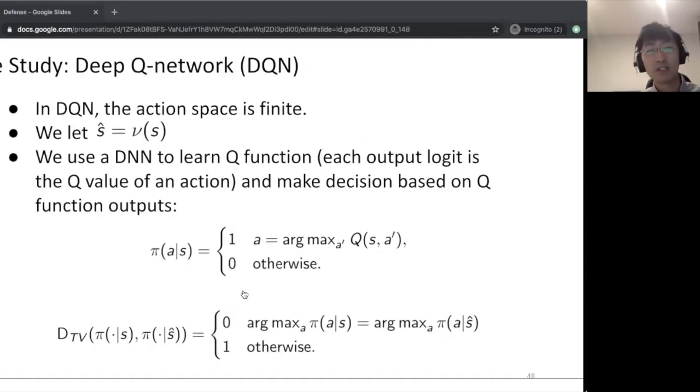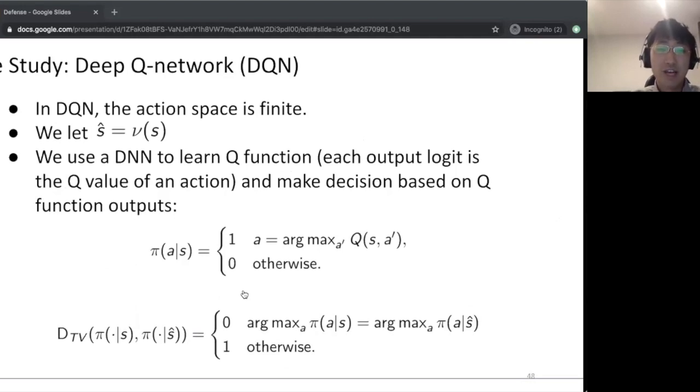So here we present the implementation of this idea in DQN. In DQN, the action space is discrete and finite. So we use a neural network to learn the Q function, and each output logit of this neural network is the Q value of an action.